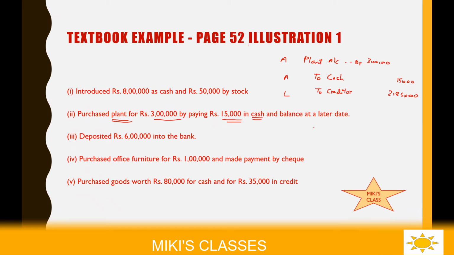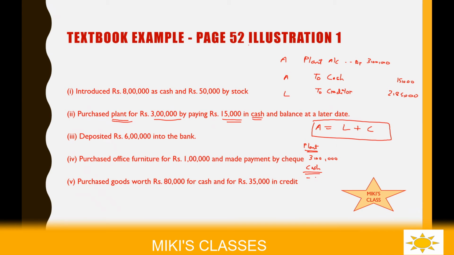Let's see how it works on the accounting equation. Assets is equal to liability plus capital. Fine. So the asset, the plant, has gone up by the plant which has come into the business. What is the value for that? Is 3 lakhs. Correct? And then there's another asset which has gone out, which is what? Cash. Cash has gone out.